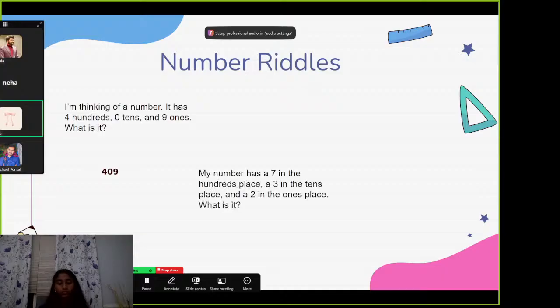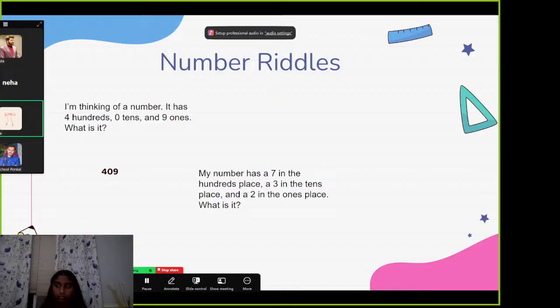Okay. So my number has a 7 in the hundreds place, a 3 in the tens place, and a 2 in the ones place. What is it? So again, let's go back to what we originally learned. 7 in the hundreds place, so that means 700. A 3 in the tens place, so that means 30. 700 plus 30 is 730.